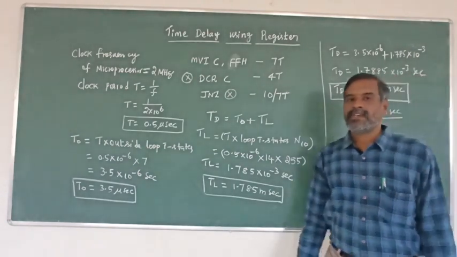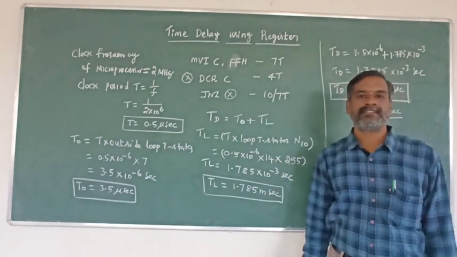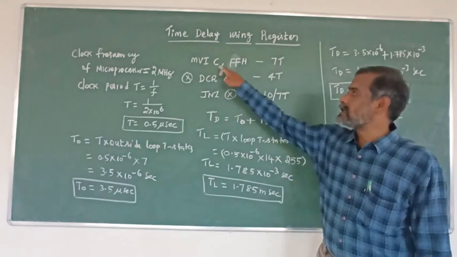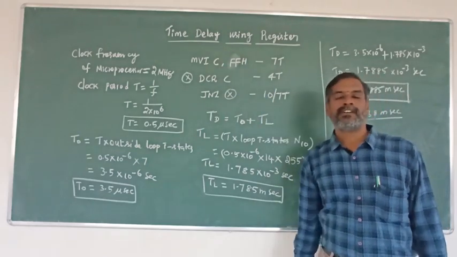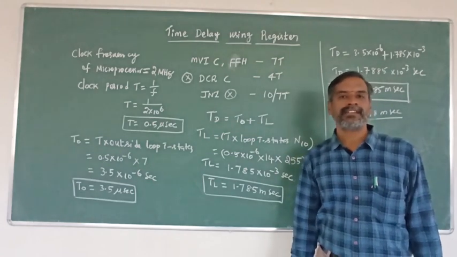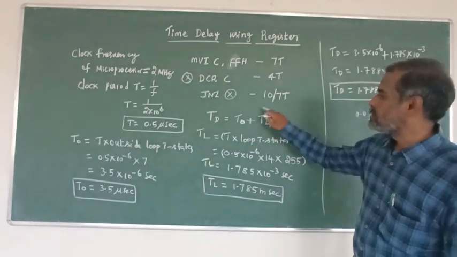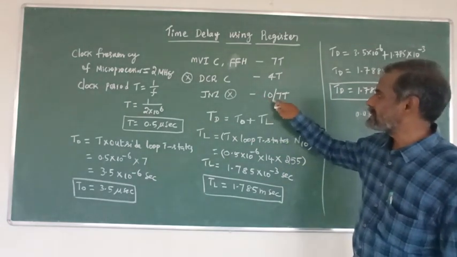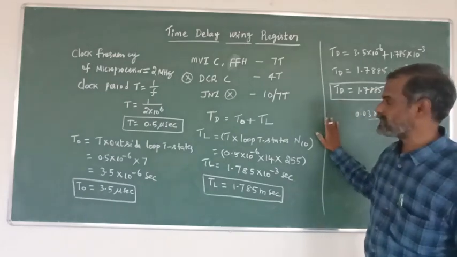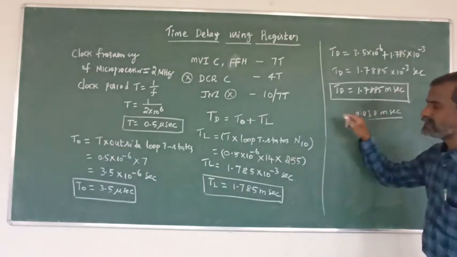Suppose this time delay is not sufficient. Okay, instead of a register, we can use a register pair. Now the time delay will be increased. Now, when this condition is satisfied, it requires 1.7885 milliseconds.